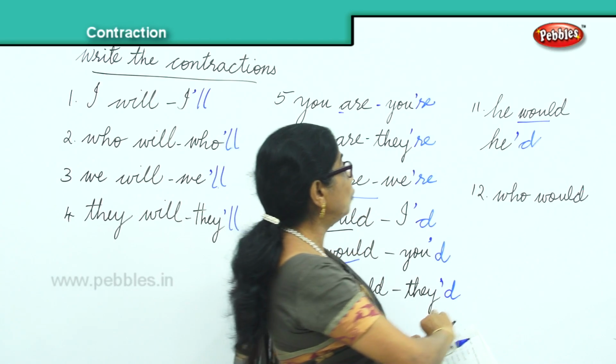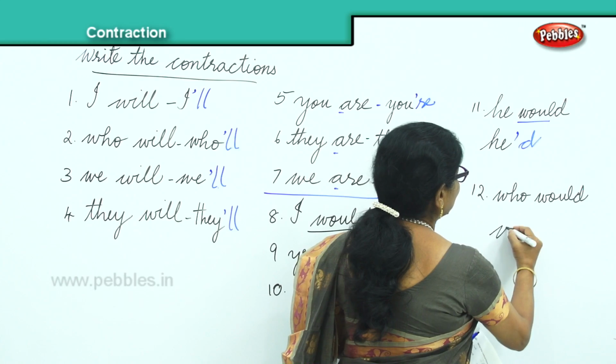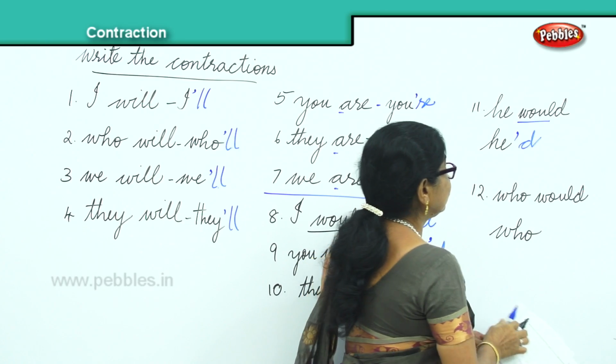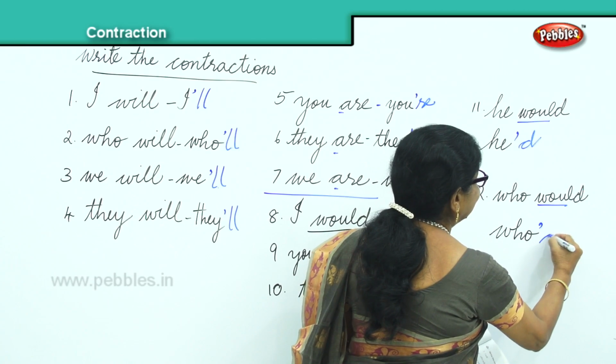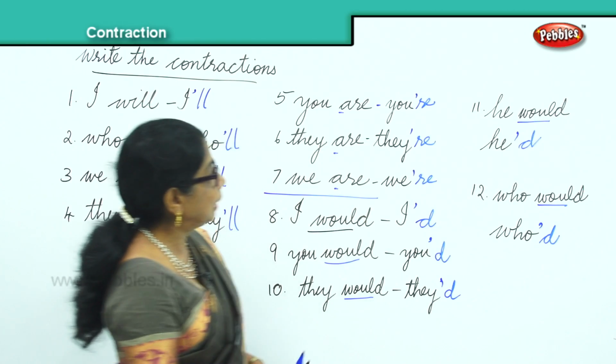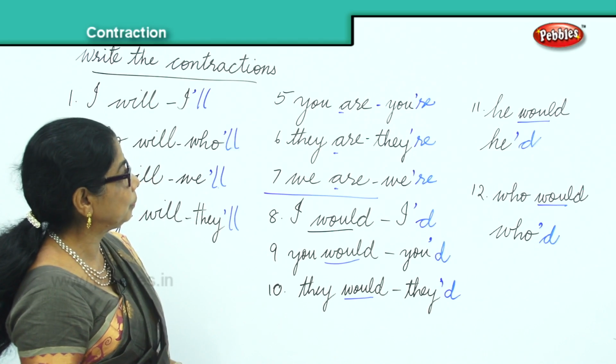And finally we have who would: who, apostrophe, D.